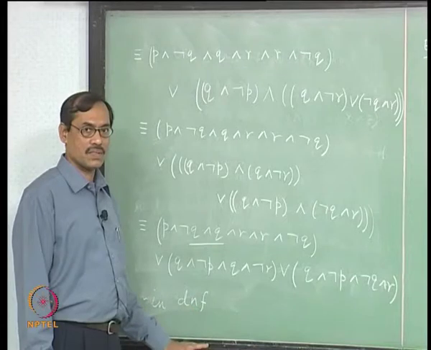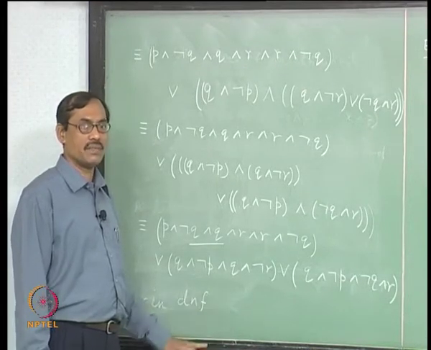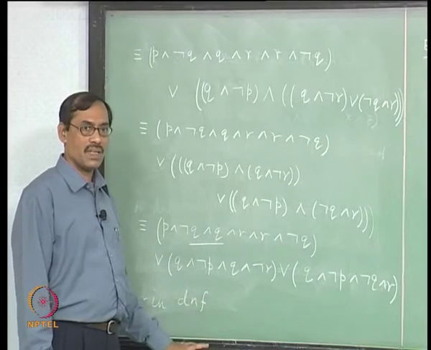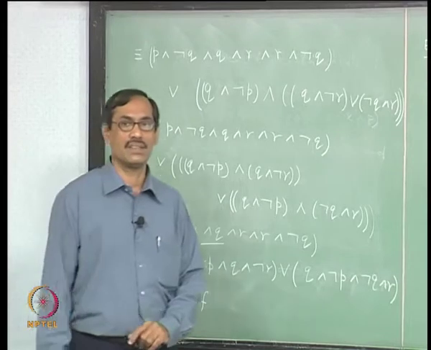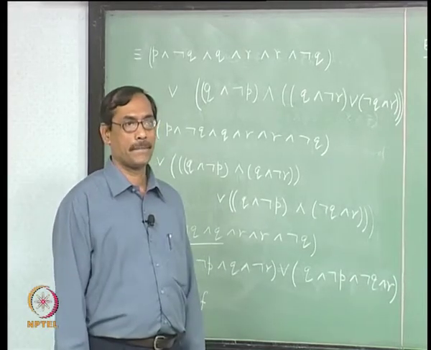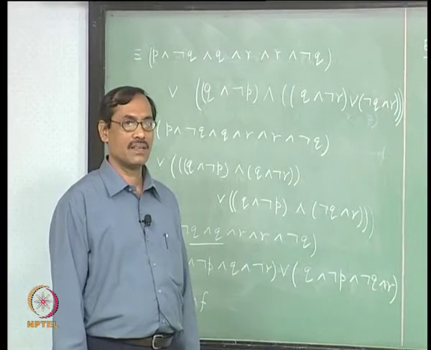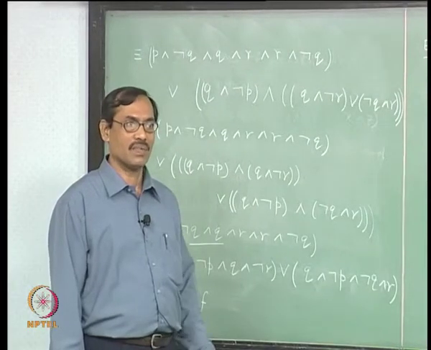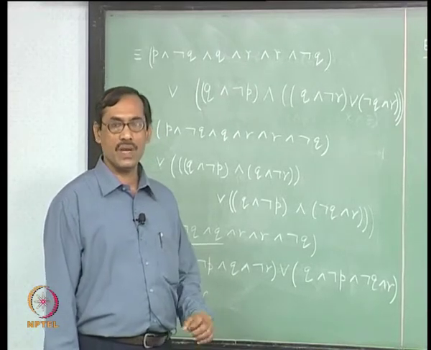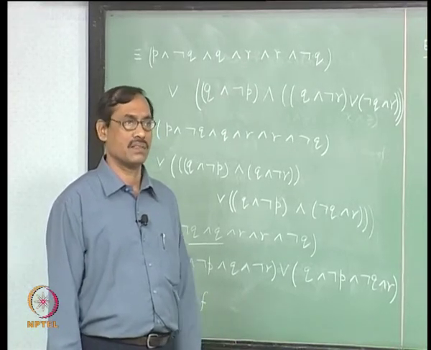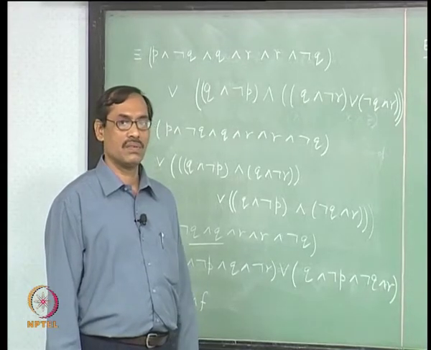Now, can you prove the converse? If it is in DNF, it is unsatisfiable, then every clause should contain a pair of complementary literals. Yeah, clear? If not, suppose there is a clause where there is not a pair of complementary literals, fine, then what you do?